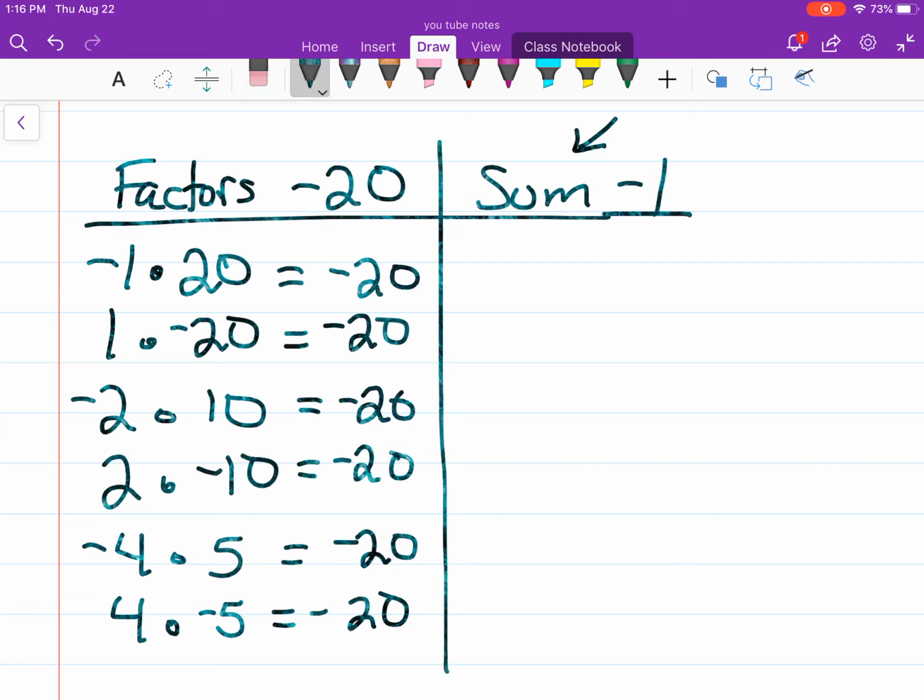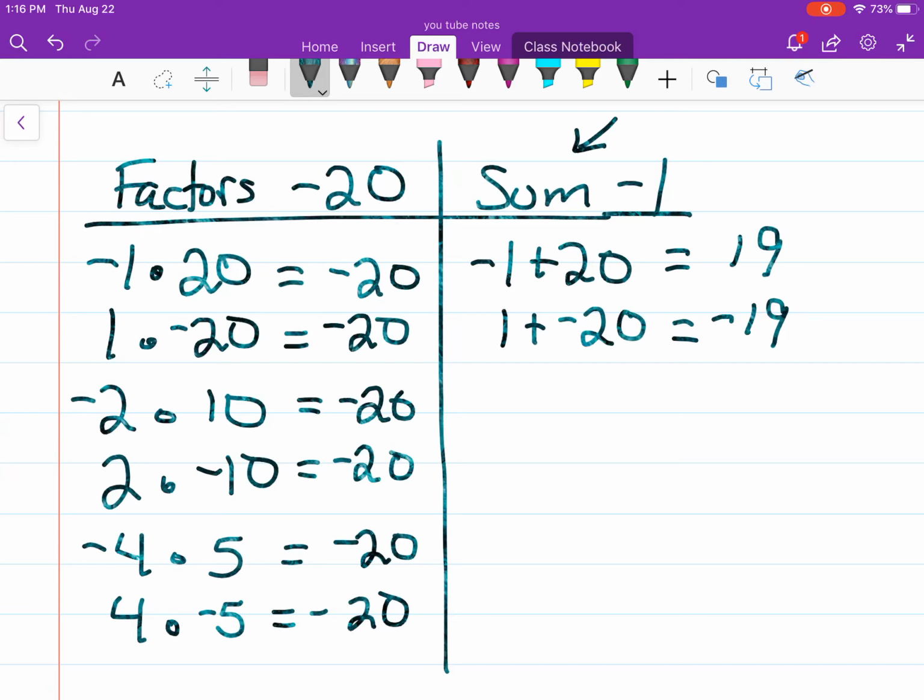When I come over here onto this side, I'm going to take negative 1 and add it to 20. And then I'm going to say 1 plus negative 20. Negative 1 plus 20 is 19. 1 plus a negative 20 is negative 19. So you get two different answers because I'm adding here.